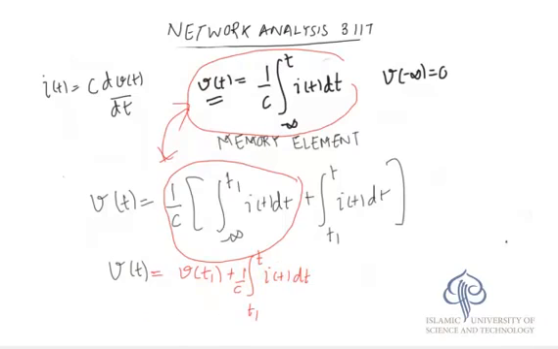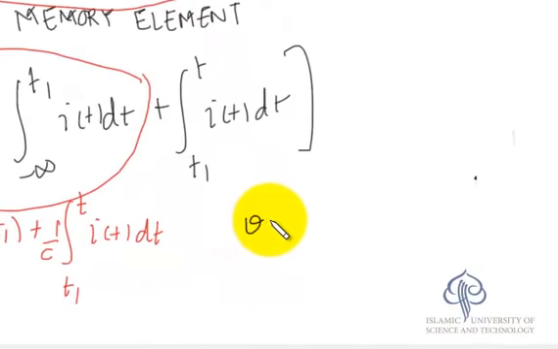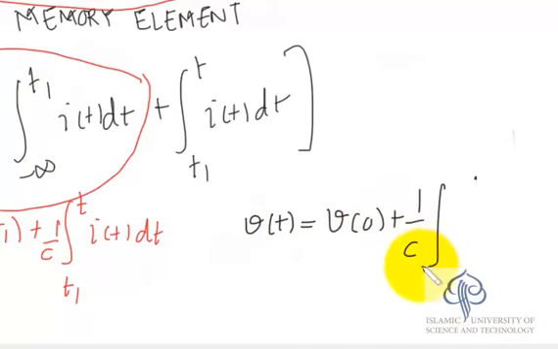And then you can always say that T1 is 0, and you'll write this equation which you have seen before. T1 can be 0, so you can write Vt is equal to V0 plus 1 by C, integral from 0 to T of It dt.